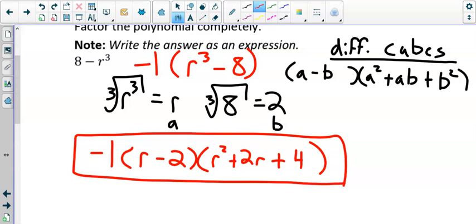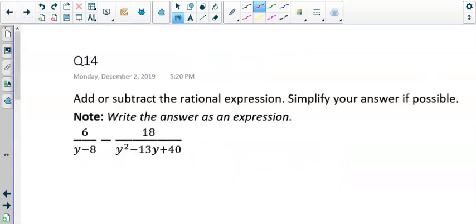Say it again: that was difference of cubes. Sum of cubes works the same way. Got to figure out your A and B by taking cube roots, and then you just plug into that formula. Cool? All right.